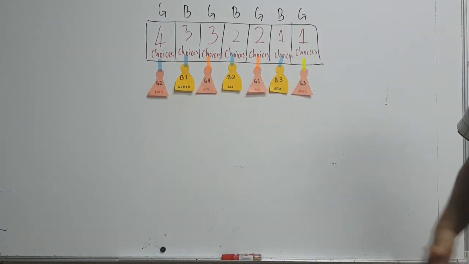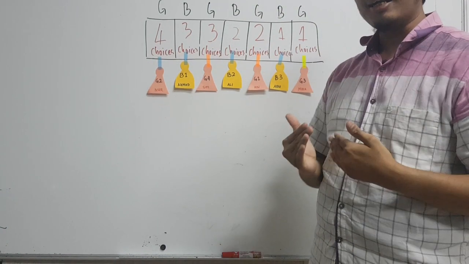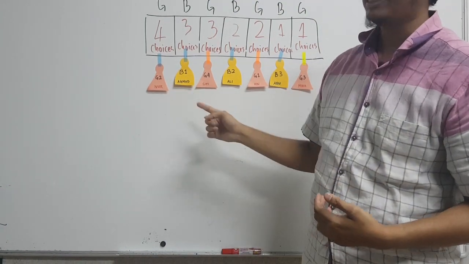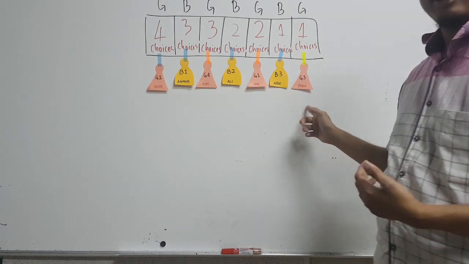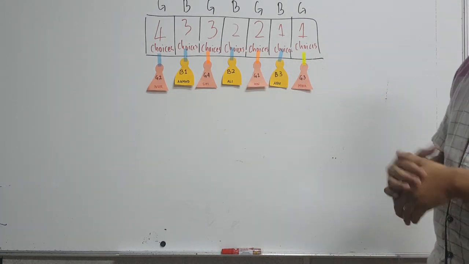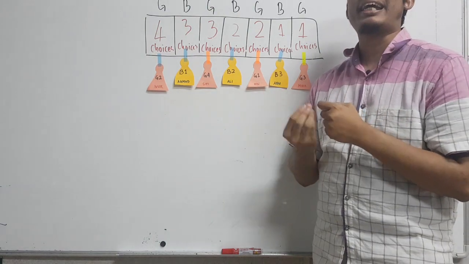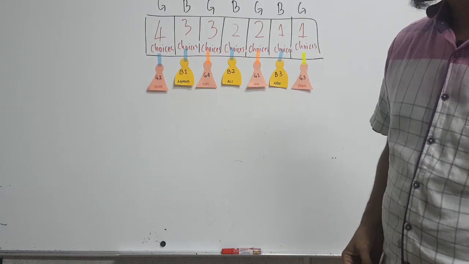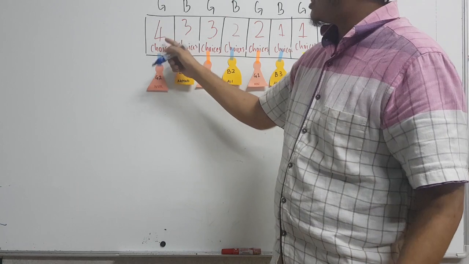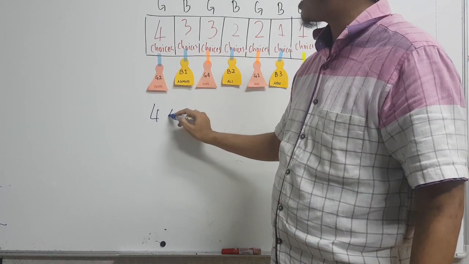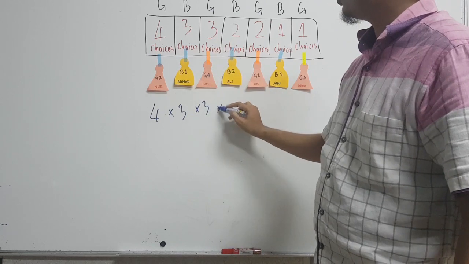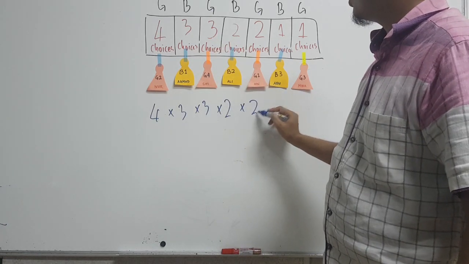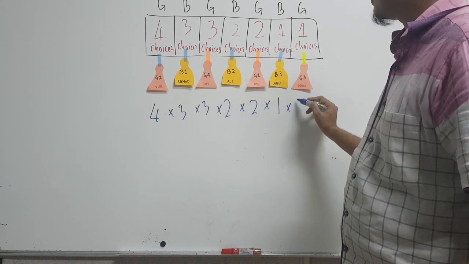So you see now the girls and the boys are sitting alternately. Girl, boy, girl, boy, girl, boy, girl. Understand? So how many ways can we arrange them? How to calculate? So this is 4 multiplied by 3 multiplied by 3 multiplied by 2 multiplied by 2 multiplied by 1 multiplied by 1.